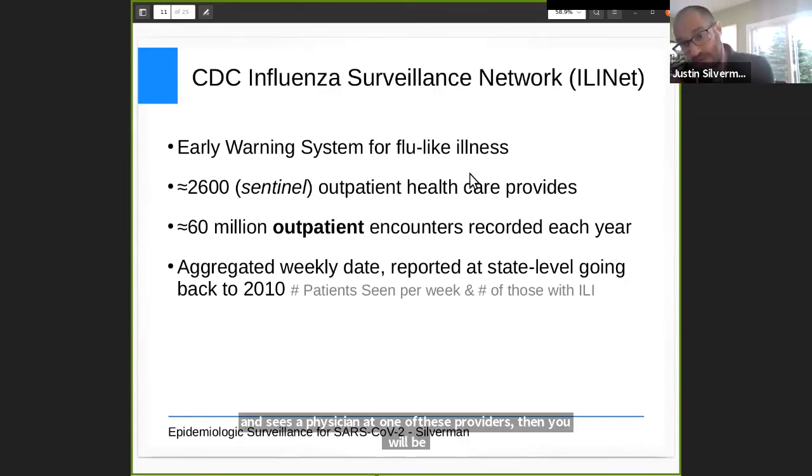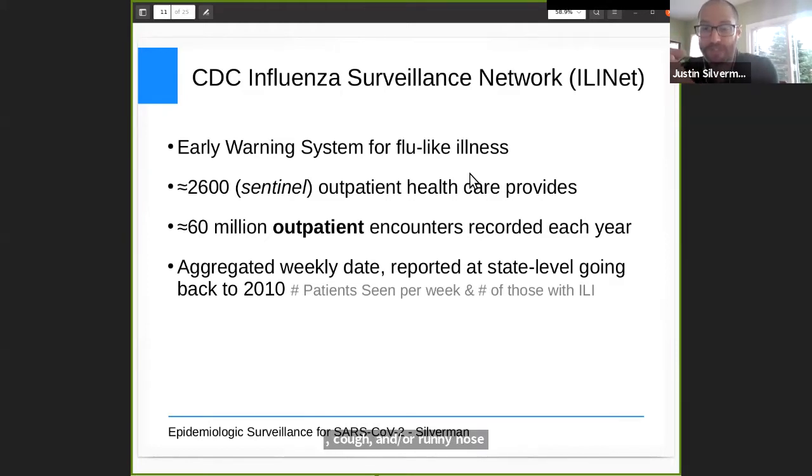And then they just track yes or no. And at the end of each week, they tally up how many patients they saw and how many of them met the criteria for influenza-like illness. And they send that data to the CDC, who aggregates that data at the state level and makes that data available each week to its publicly accessible data.